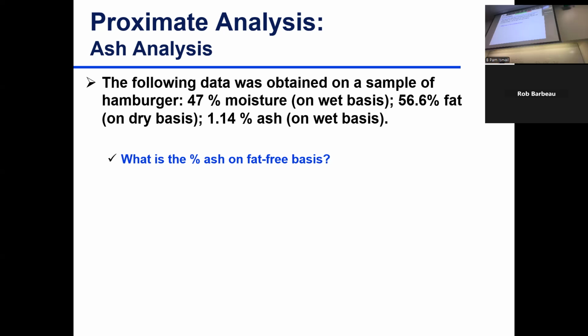I want to know the relative value of ash to a sample that doesn't have fat. So 1.14 in the relative value of 70, what would that be? 1.14 times 10 over 7. What do you do?